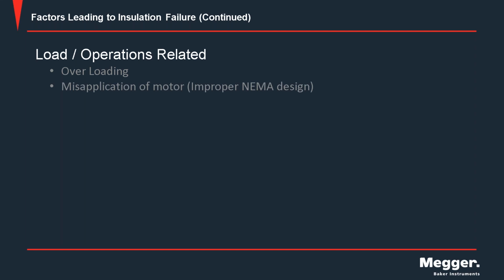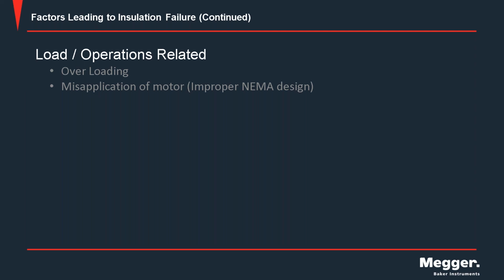Maybe we got the wrong motor for the job. Early in my experience in the paper mill, we found many cases where there were motors with the wrong NEMA design. You put a motor in there with a NEMA B design where it needed a C or a D, and now we're taking forever to start that motor up. It does actually do the job, but it's not doing it efficiently.